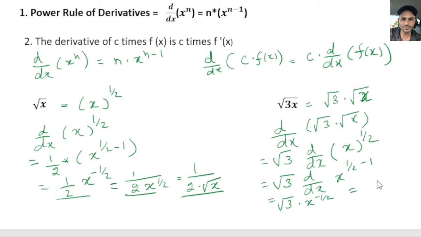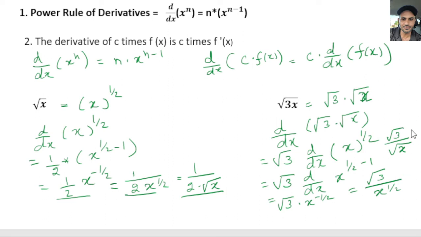And if we want to simplify it further, it becomes the square root of 3 over x to the 1/2, since it's a negative exponent and we can bring it into the denominator and change the sign of the exponent. You can leave it like that, or you can put a square root instead of the 1/2 there. So it would be the square root of 3 over the square root of x.